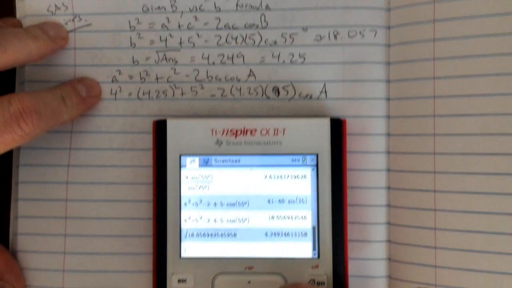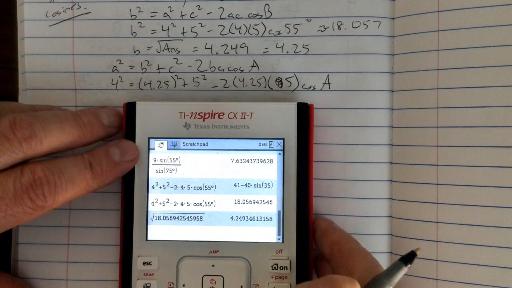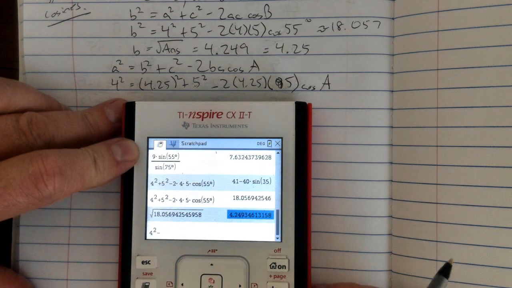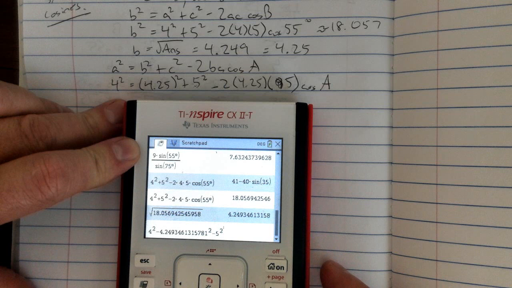Okay, so 4 squared minus, highlight this, put squared, minus 5 squared.